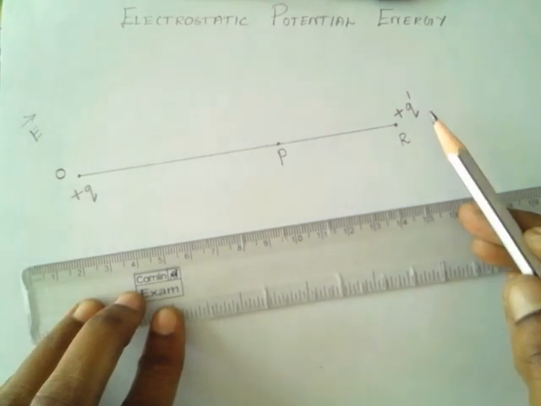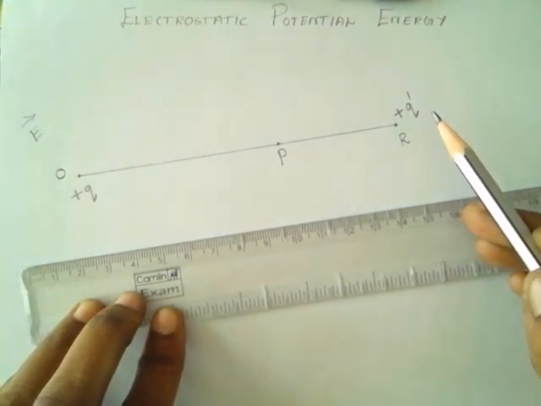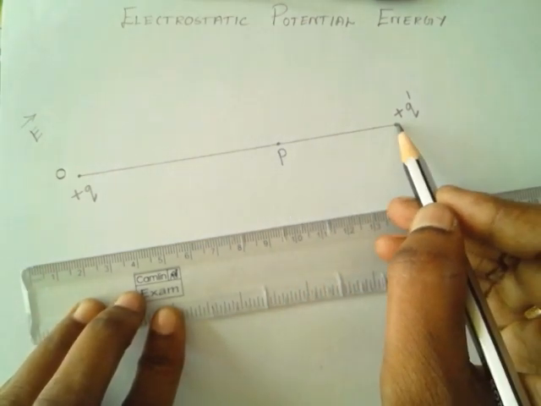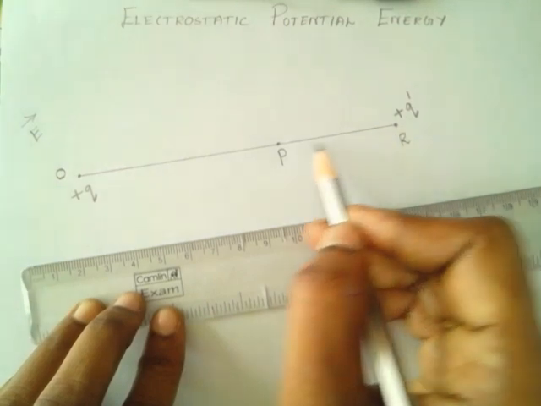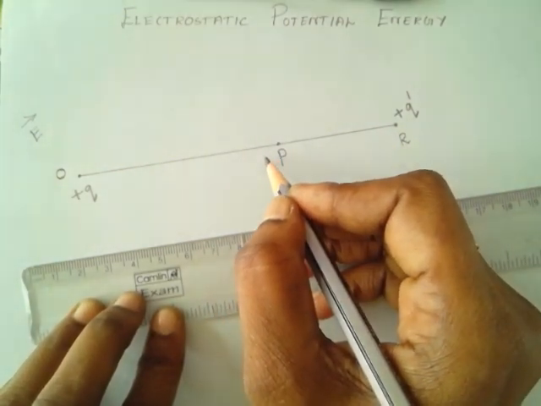Therefore, work must be done to overcome this repulsion. I am bringing this point charge from R to P, which means there is an electrostatic repulsive force.